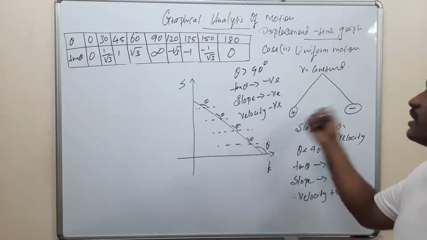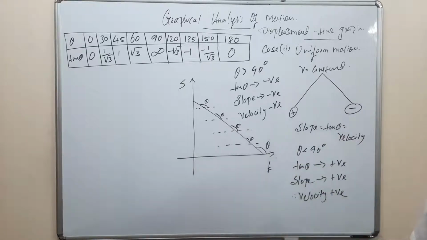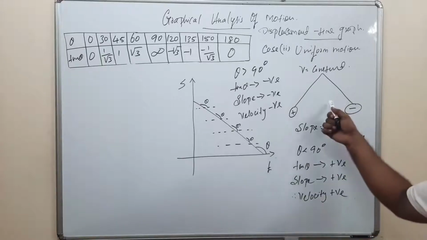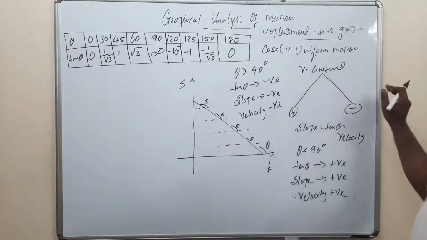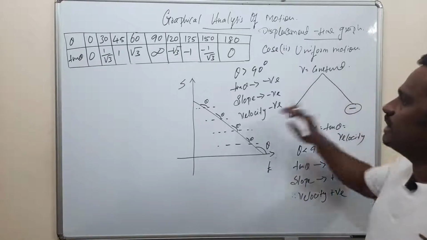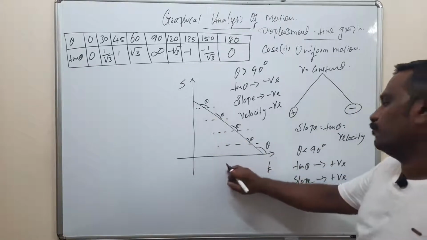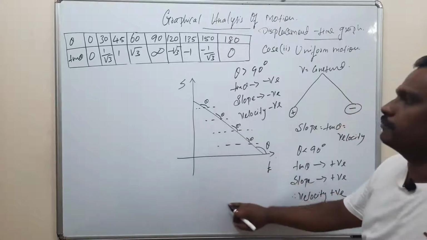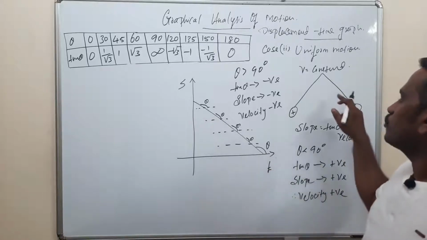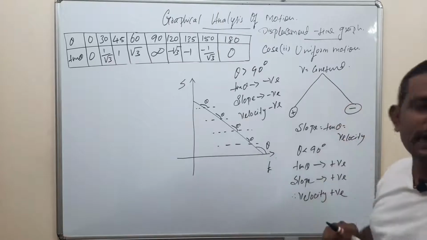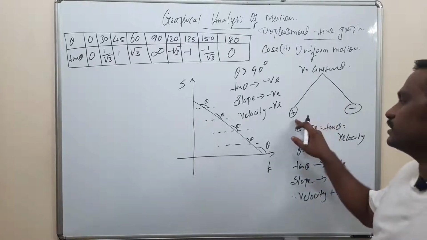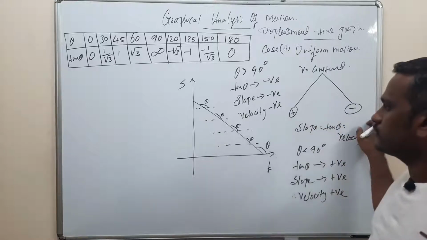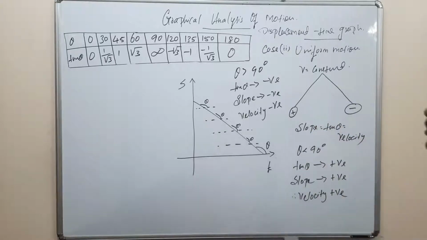Clear? So this is the displacement time graph for uniform motion. Uniform motion means velocity constant, and velocity constant means it may be positive or negative.